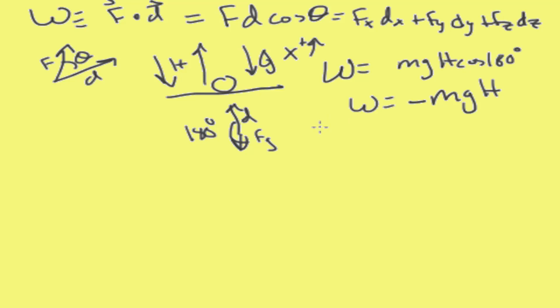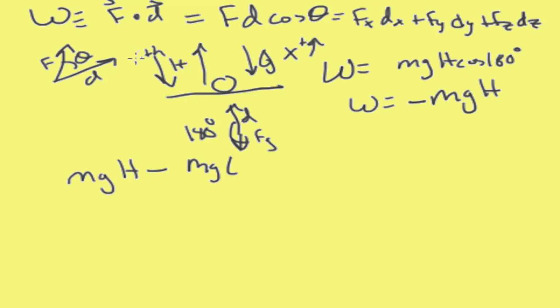Now if we remember that this was h and then this was h plus little h, then we can compare this to the change in potential energy. So the change in potential energy from going upwards is mg(h plus little h) minus mg(h). Sorry, let's be consistent.